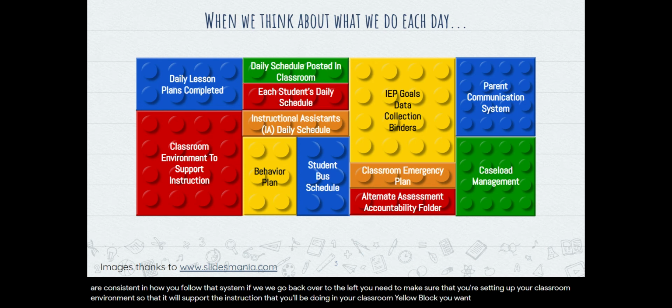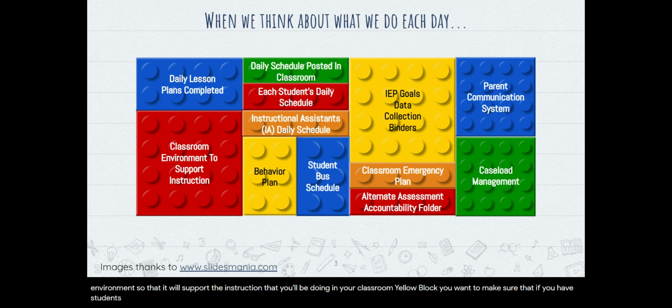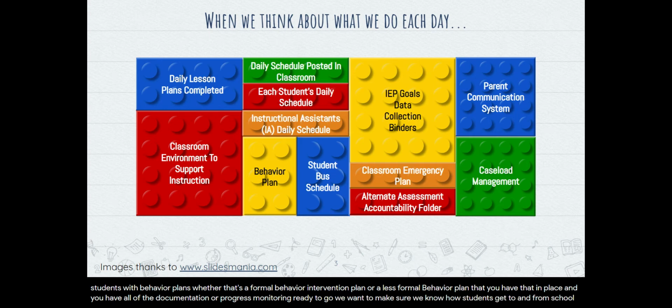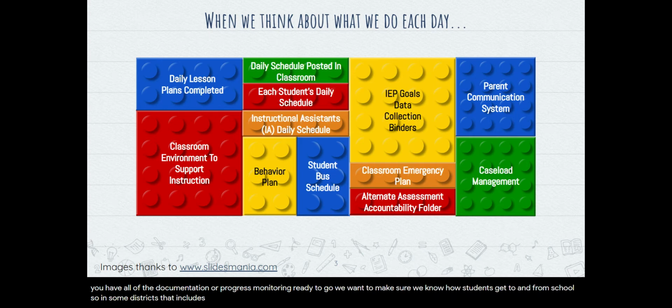Yellow block, you want to make sure that if you have students with behavior plans, whether that's a formal behavior intervention plan or a less formal behavior plan, that you have that in place and you have all of the documentation or progress monitoring ready to go. We want to make sure we know how students get to and from school. So in some districts, that includes a bus schedule.